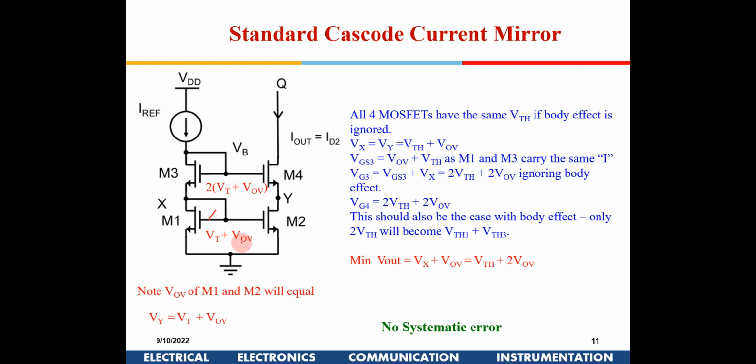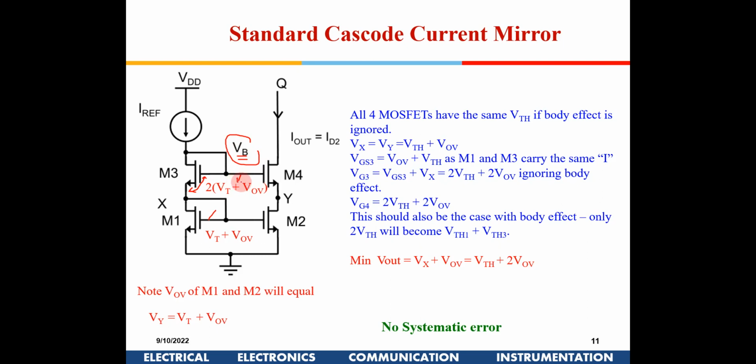Is this okay with all of you? VT plus VOV, the voltage at this node. Yes, the voltage at VB will be, what about this gate to source voltage? It will be again VT plus VOV, so the voltage at VB will be 2 VT plus VOV.